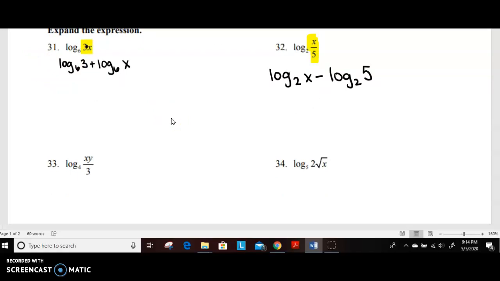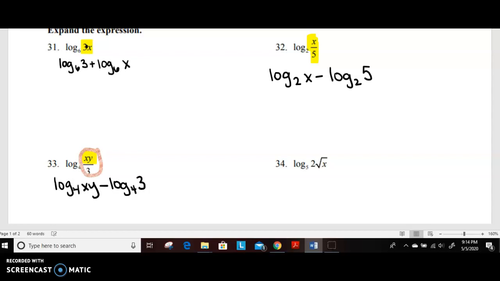But now what happens when I start combining these? Okay, so I've got some multiplication on top, but I also have the whole thing being division. So let's take it one step at a time. Let's talk about the division first, because that puts me at log base 4 of x times y, my numerator, minus log base 4 of 3.